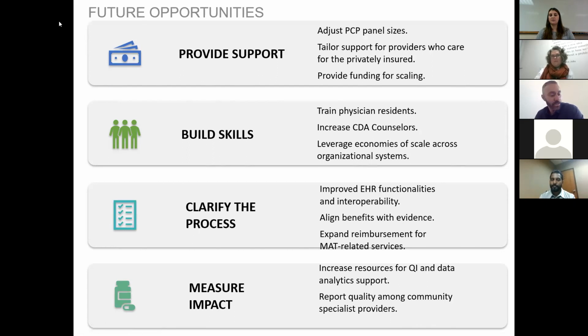And I wanted to mention something earlier when we were talking about the standard of practice. I wanted to refer to what we use for standard of practice for MAT. For me, because I'm boarded in addiction medicine, it's really important.